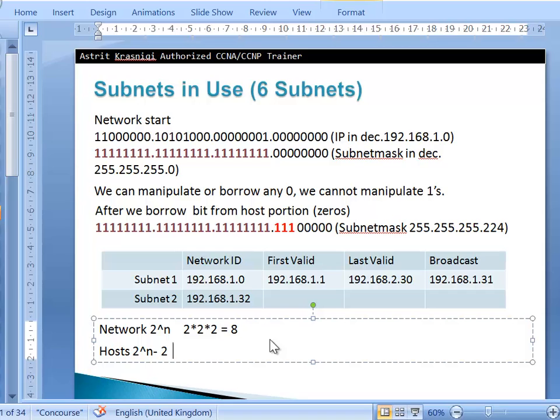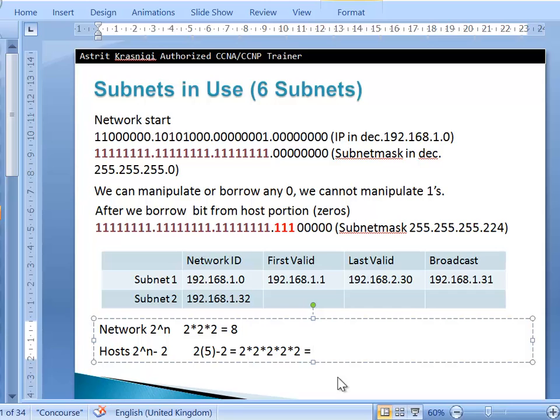For the host, we have 5 zeros left, so the formula becomes 2 to the power of 5 minus 2. It's like saying 2 times 2 times 2 times 2 times 2: 2 times 2 is 4, times 2 is 8, times 2 is 16, times 2 is 32.